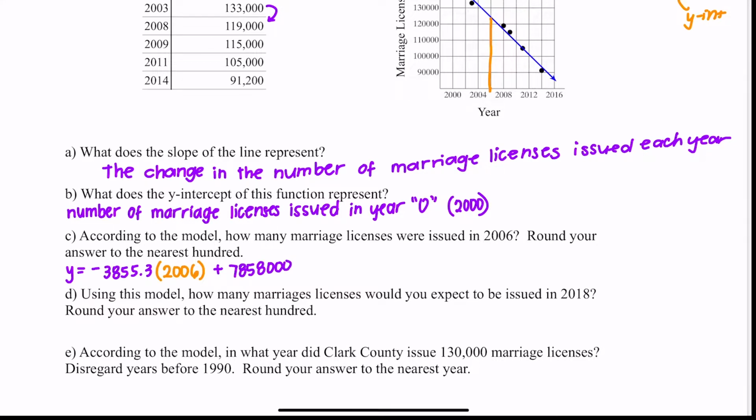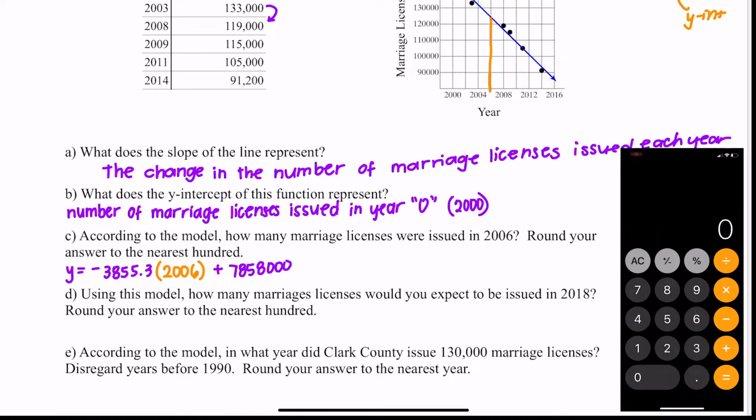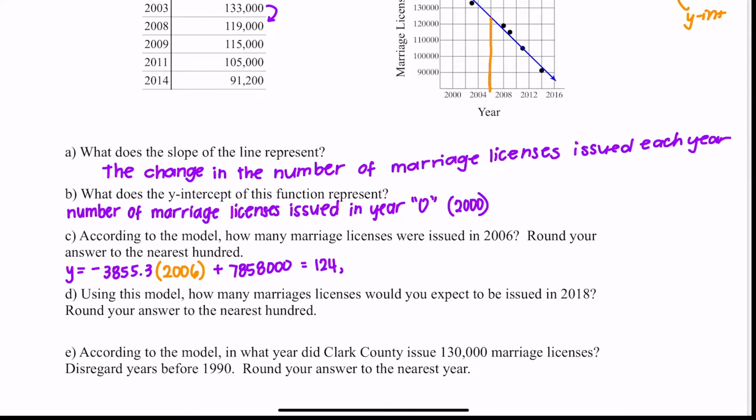I don't expect you to know this mentally, so you can just plug it into the calculator. Multiply that number by 2006, then add our y-intercept value, and we have our new y value, 124,268.2.